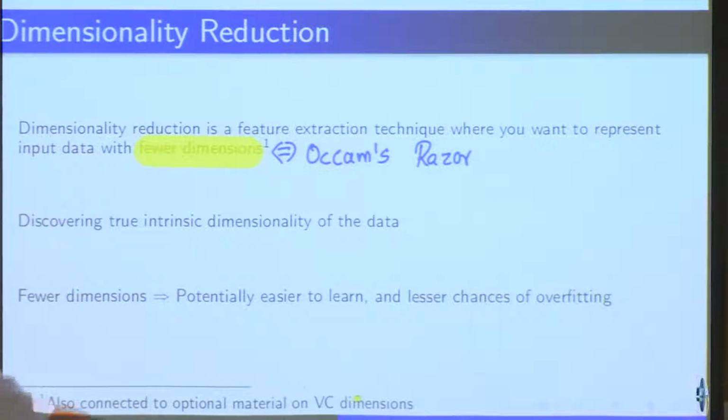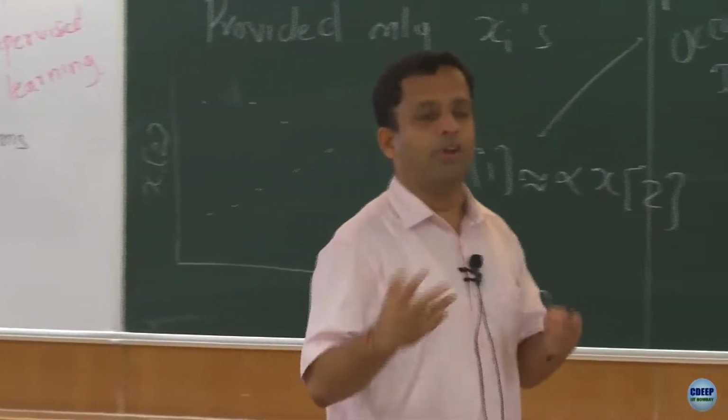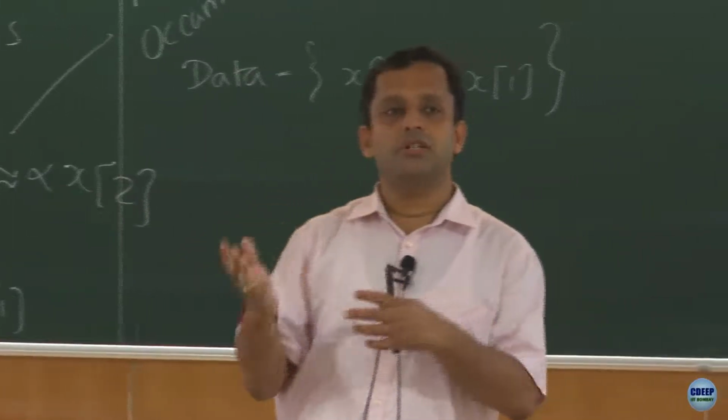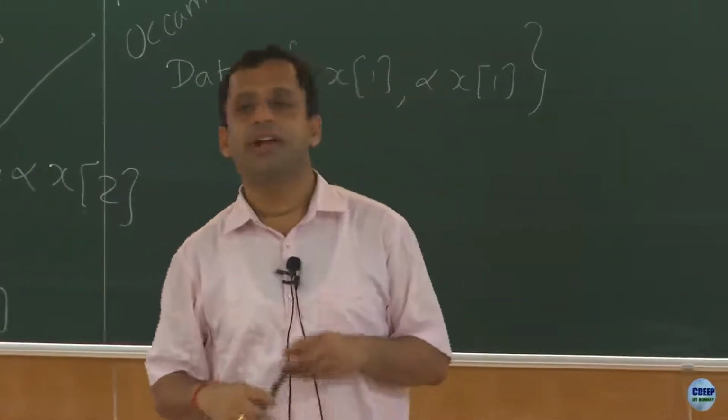Now this also is connected to something called VC dimensions. Again, I have pushed it as optional reading material. I have made the slides available. So VC dimension is basically how sophisticated is your classifier. It's a measure of the sophistication of your classifier or your regression model. So linear versus non-linear, we've been talking about it, right?